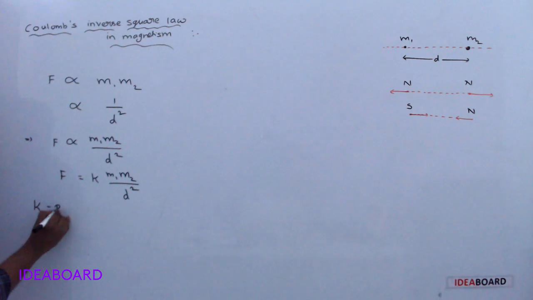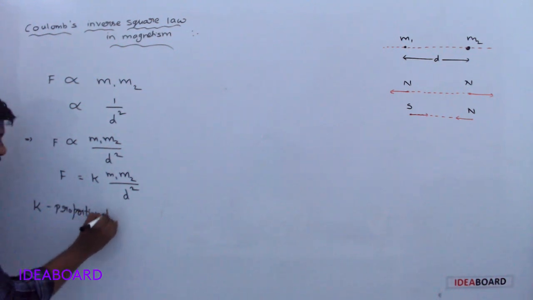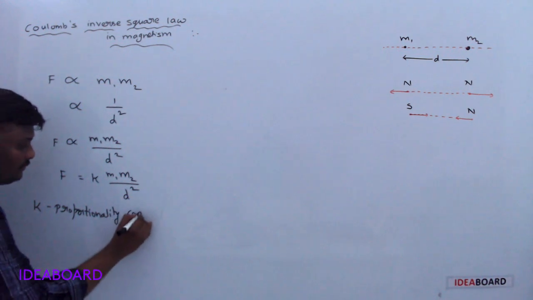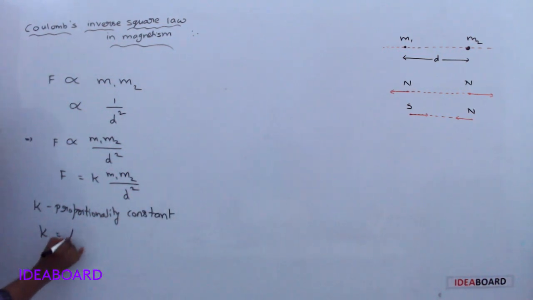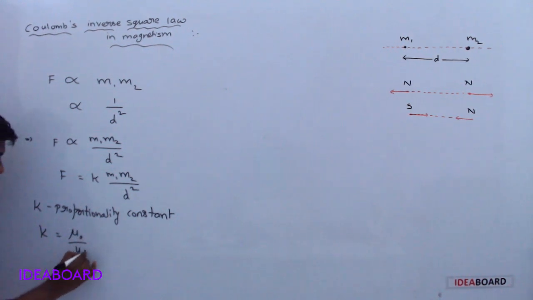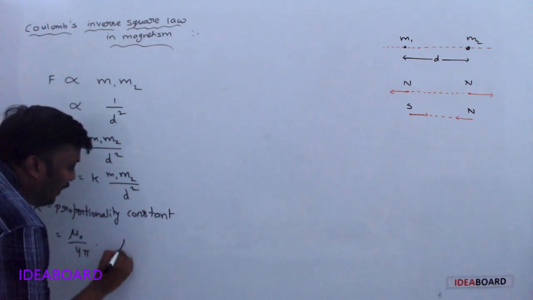Here k is called the proportionality constant, and its value is mu naught by 4 pi. What is mu naught?